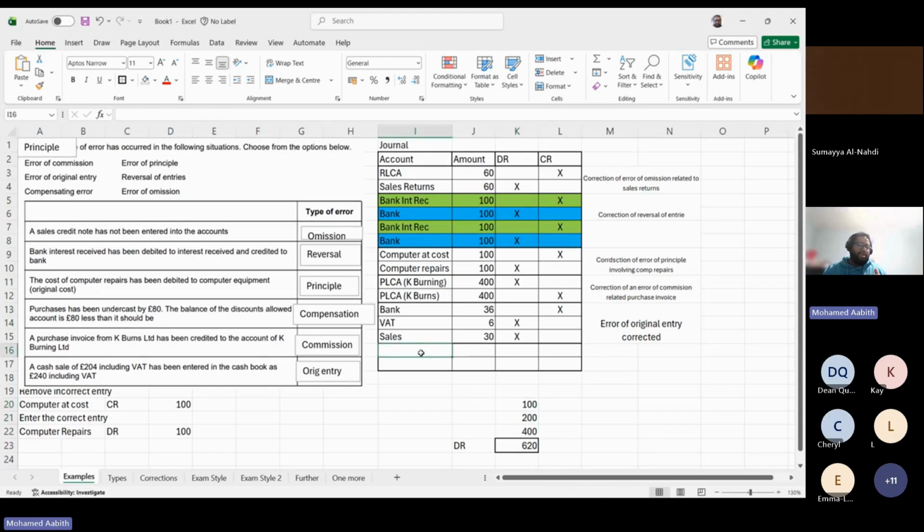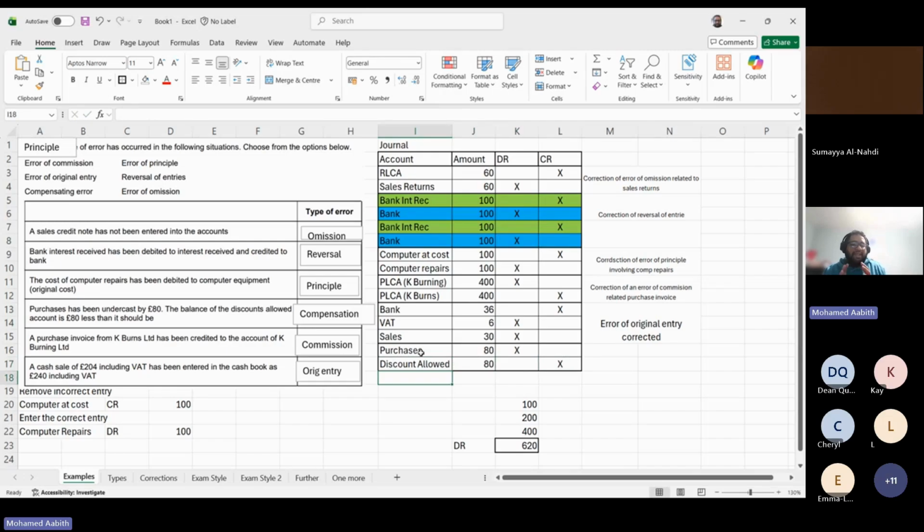So what would you do in this scenario? We need to make a correction on both of those accounts. Purchases has been undercast, which means we need to put another £80 there. So purchases £80 debit, and here discount allowed £80 credit.